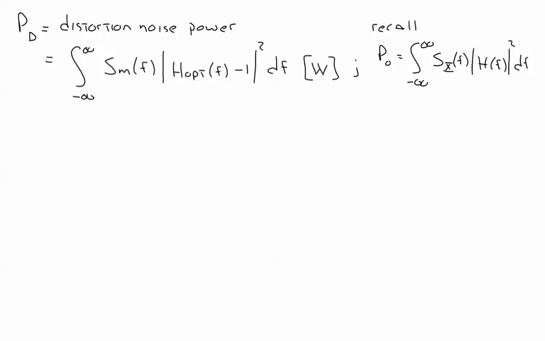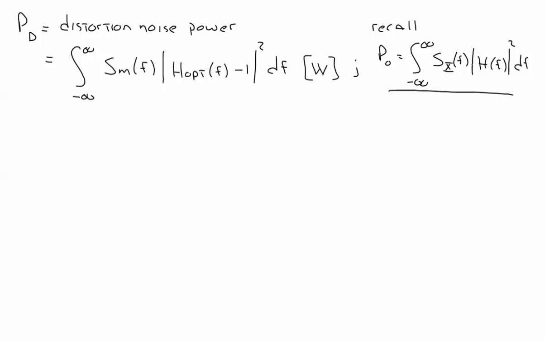Okay, so if I have a linear system and I apply at the input a signal with power spectral density capital S sub x, and the linear system has transfer function H of f, then the power at the output can be found through this integral, and that's the integral that I've applied over here to find the distortion noise power. All right?